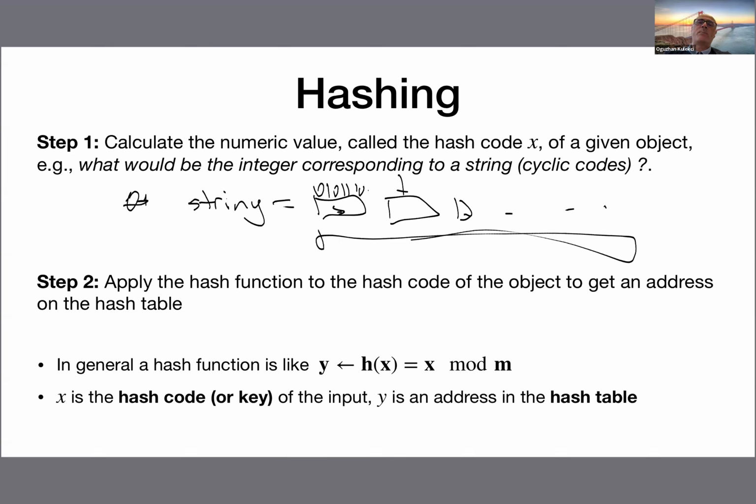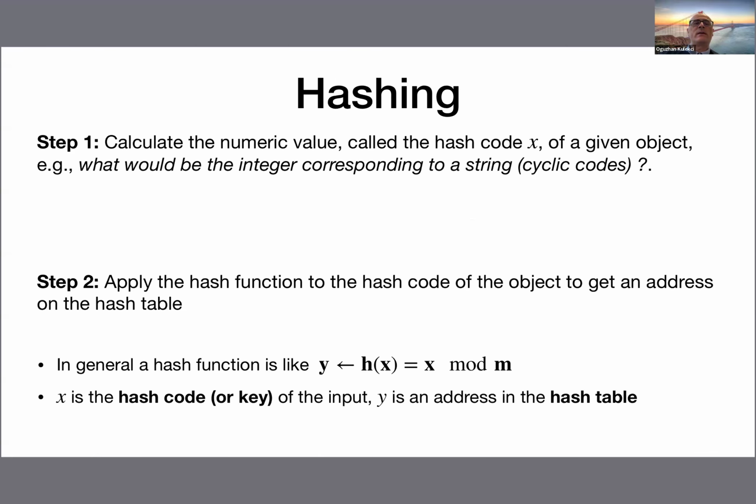So that is a binary sequence. And on this binary sequence, I can do anything to map it to an integer. But this initial mapping is not the hashing itself. We are just trying to find the representation of the object.